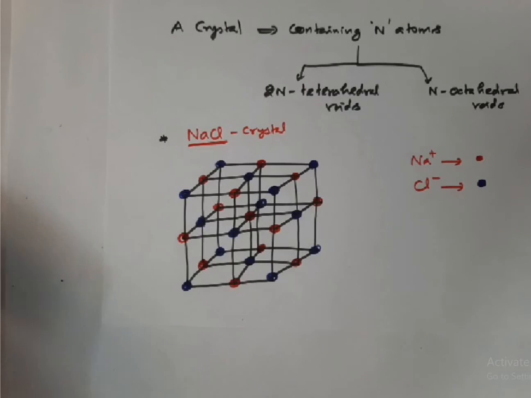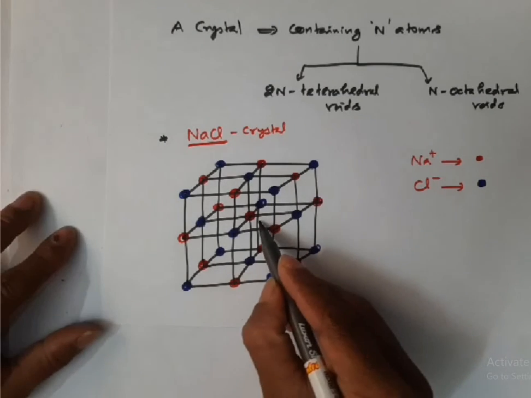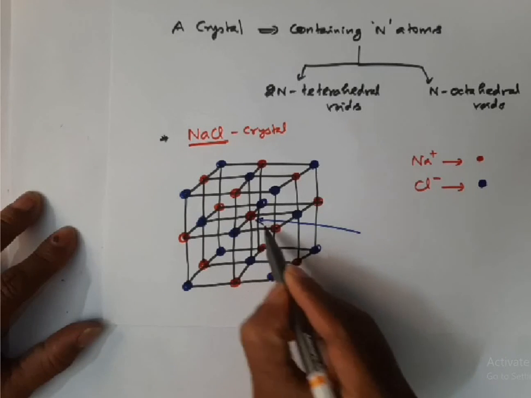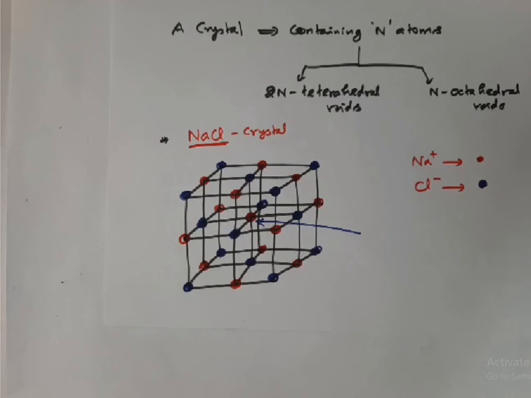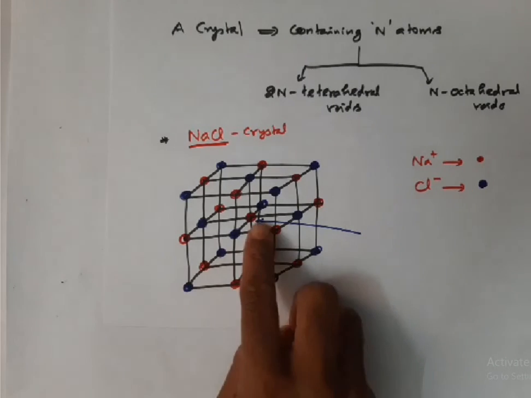Now, in this, students, observe this carefully. See the middle sodium ion. How many chloride ions are present adjacent to, or close to, the middle sodium ion? Middle one is sodium ion, right?